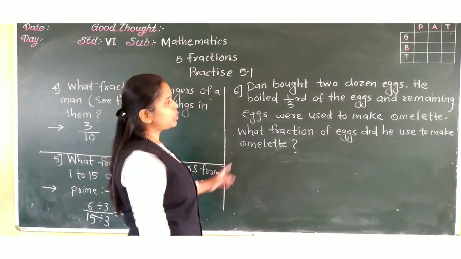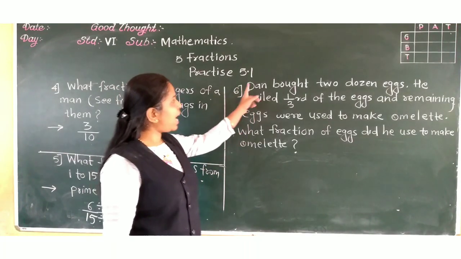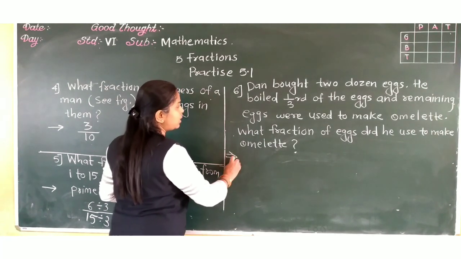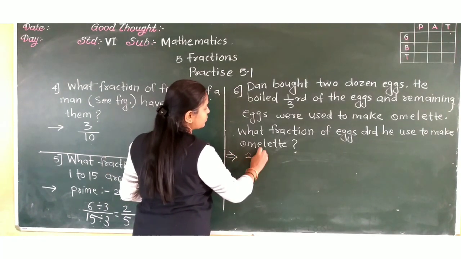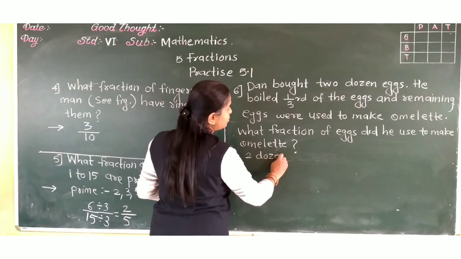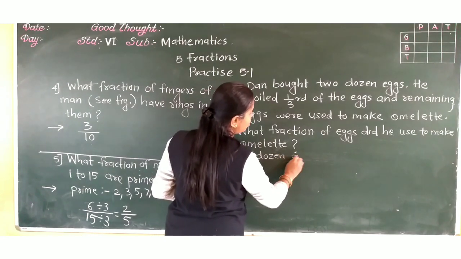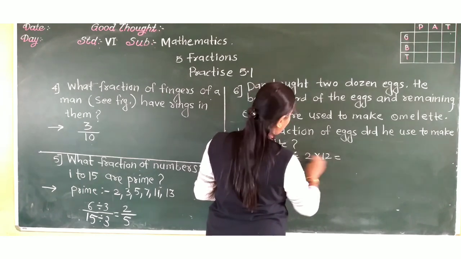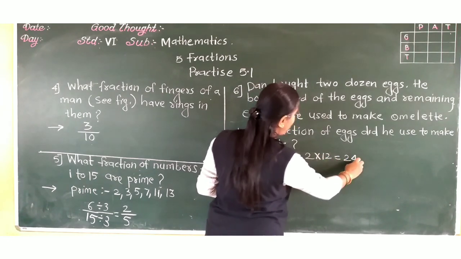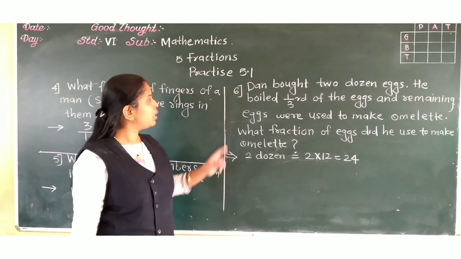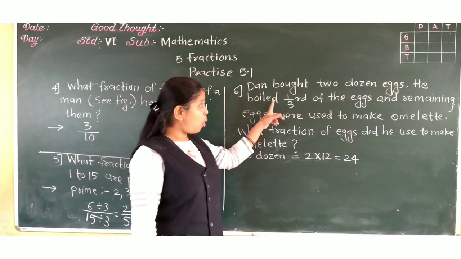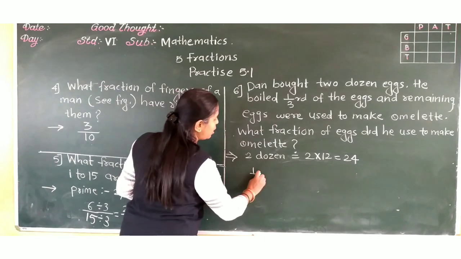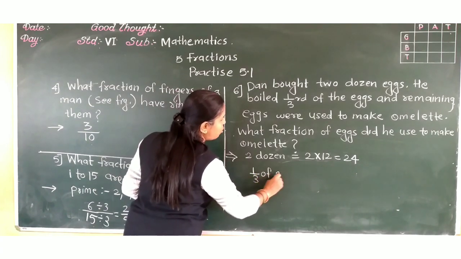Next, question number 6. Dan bought 2 dozen eggs. 2 dozen eggs means total how many? 2 dozen means in 1 dozen 12 are there. So 2 dozen means 12 2s are 24. He boiled 1/3 of the eggs. What is 1/3 of 24?